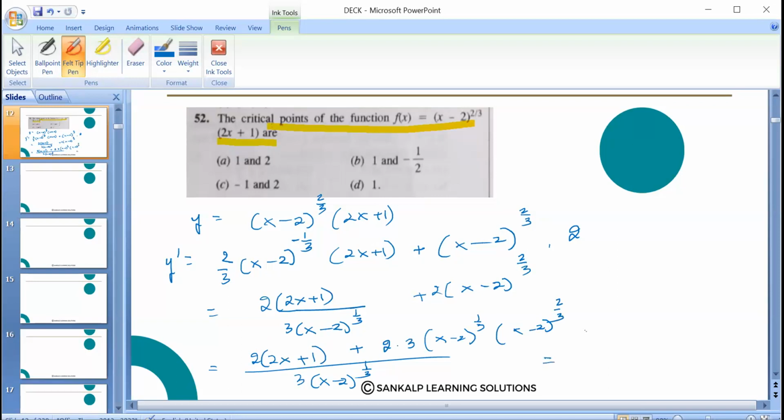So this will be 4x plus 2 plus 6 into x minus 2, 6x minus 12, by 3 into x minus 2 power 1 by 3.